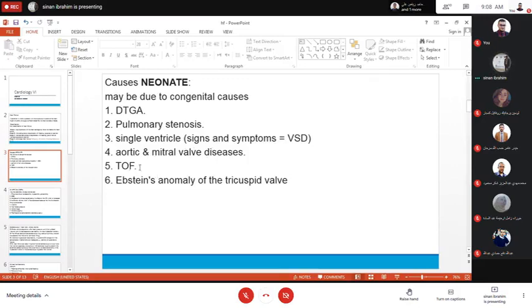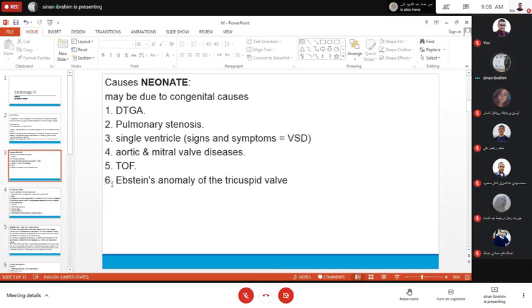Tetralogy of Fallot, and as we said, which type of tetralogy of Fallot? Usually the pink type, which is associated with mild pulmonary stenosis. This patient will act as a large VSD, and they are liable for development of heart failure.